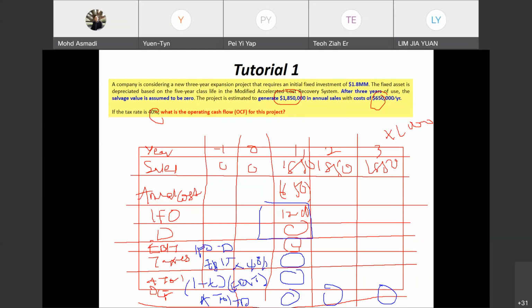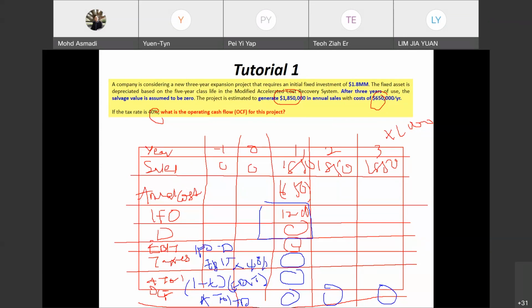Anyone can give me the value? I just pick one name, so please give me the value, okay?